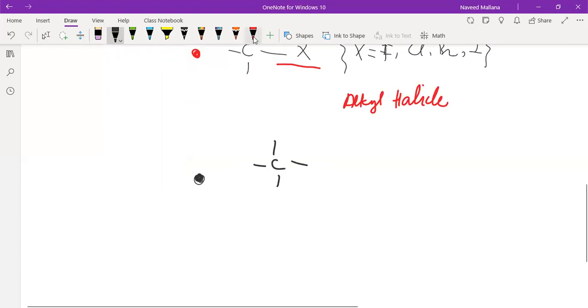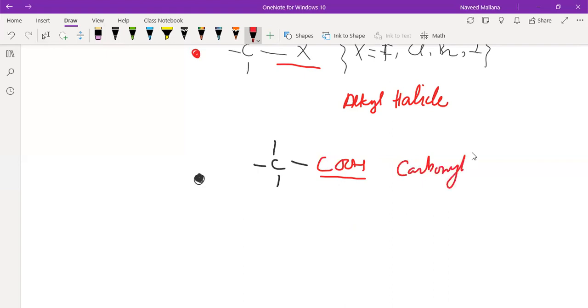This hydrogen is replaced by a functional group. This functional group is called carboxyl functional group. The molecule containing this functional group are called carboxylic acid. Further nomenclature we will discuss in upcoming classes.